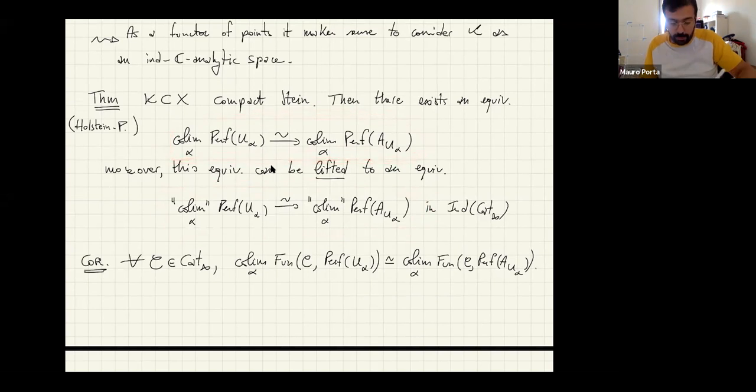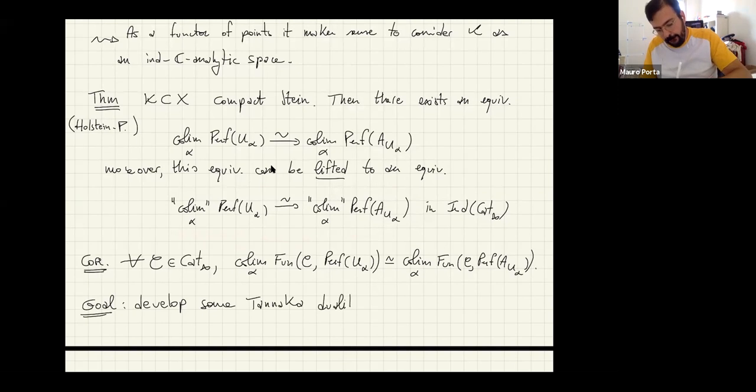And the reason why we wanted to consider this thing was exactly because at some point we realized our goal was to develop some sort of Tannaka duality in the analytic setting to study the Riemann-Hilbert problem.